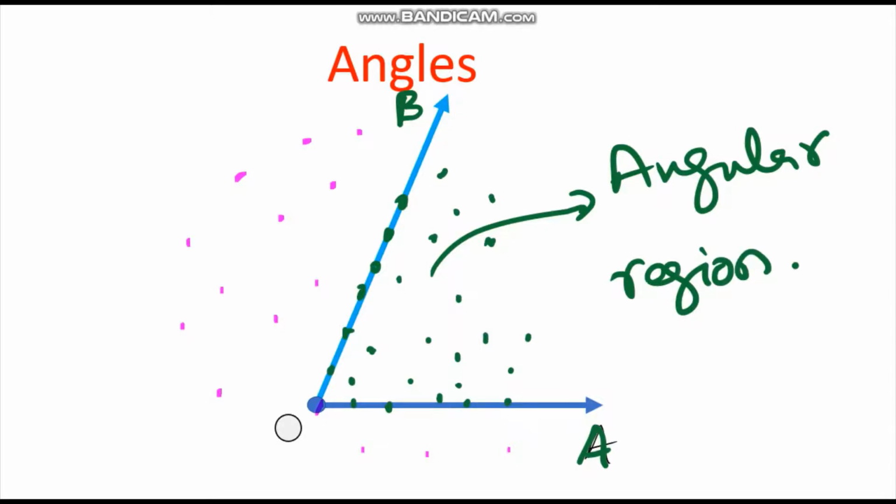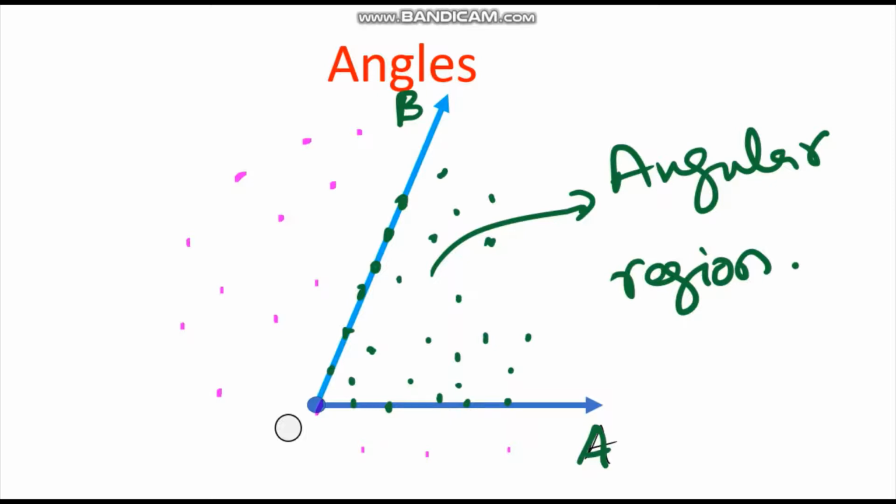So that means in this particular angle, the interior of O along with the points present on OA and OB form the angular region of angle AOB, or you can say angle BOA.